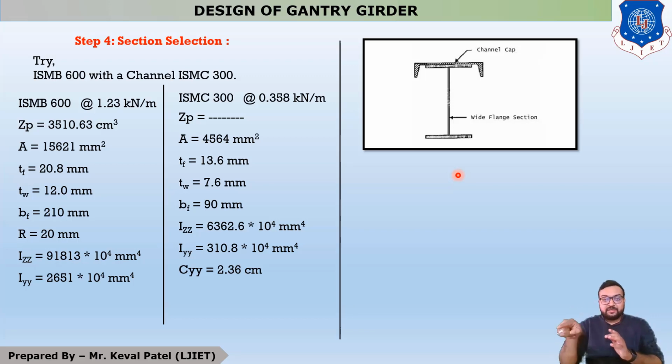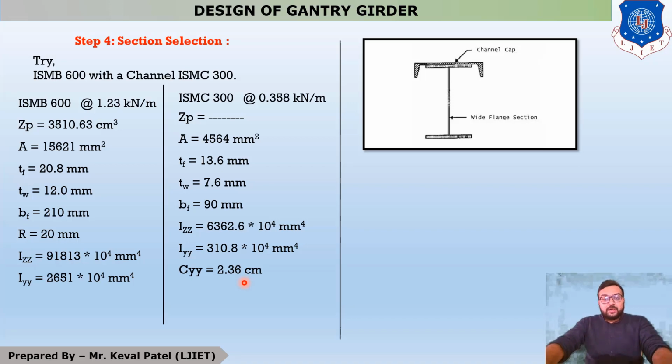Similarly, your C channel is symmetric when we cut from x axis, but it is an asymmetric figure whenever we cut from y axis. That's why in the steel table, the CYY value, which is most important, is 2.36 cm. It means 23.6 mm.